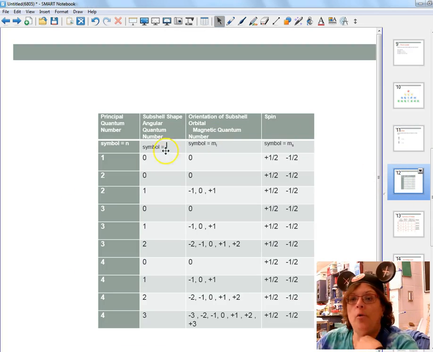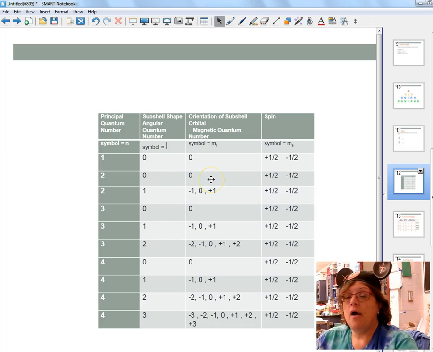Here's a sample. We could put this actually with a hotel map. The first level is only going to have L numbers of 0, ML numbers of 0. The second level, you could have an L 0 or 1, ML 0 or negative 1, 0, 1. Third energy level goes up to 2, fourth energy level, so on and so forth.